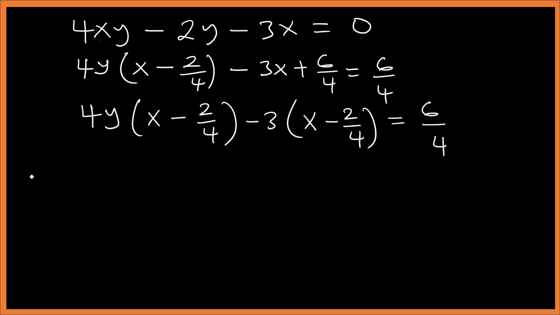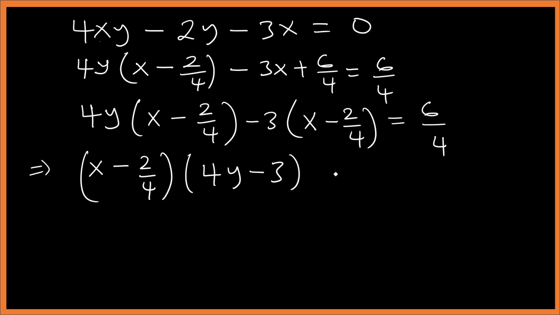All right, now let's write what is inside the bracket first. So we have x minus 2 on 4, then we have 4y minus 3 equals to 6 on 4.